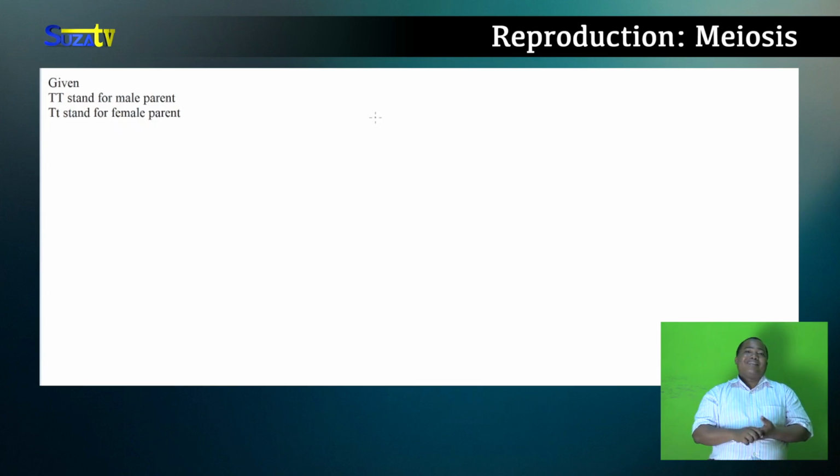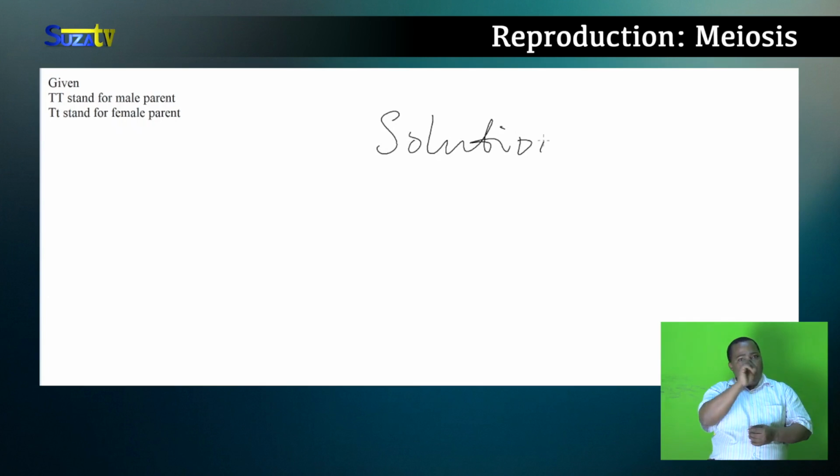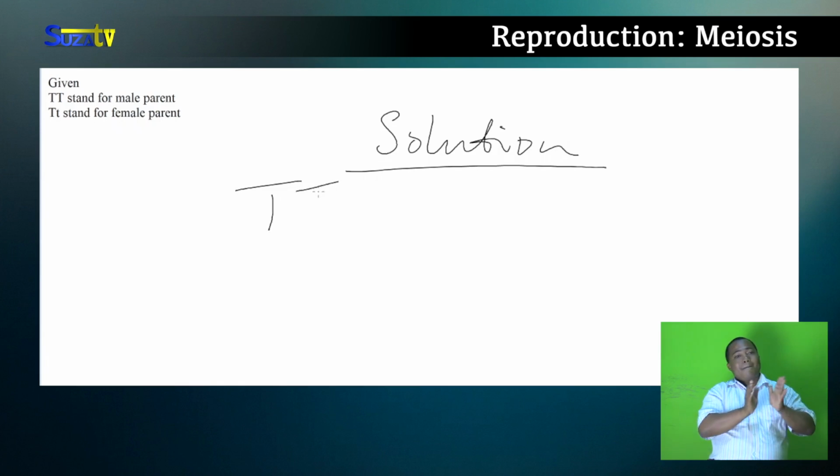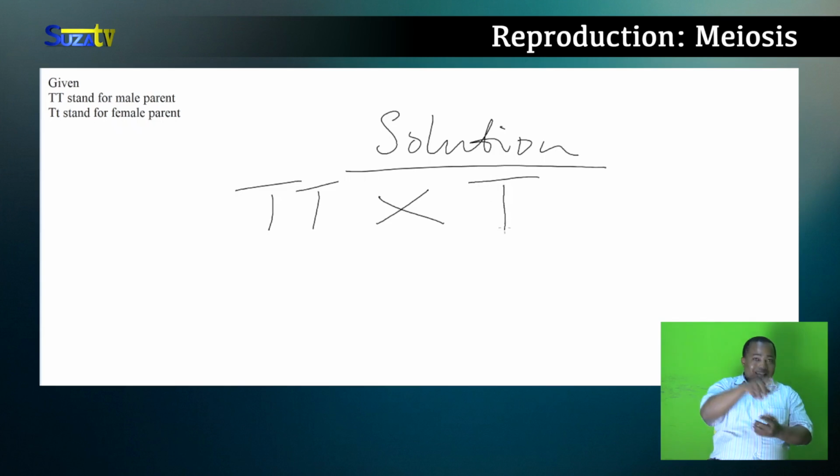So let us proceed. Here we write the solution, and we put double capital letter T, and we are going to cross it with one capital letter T with a small letter t.